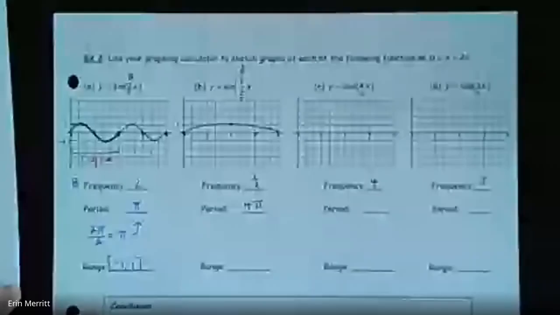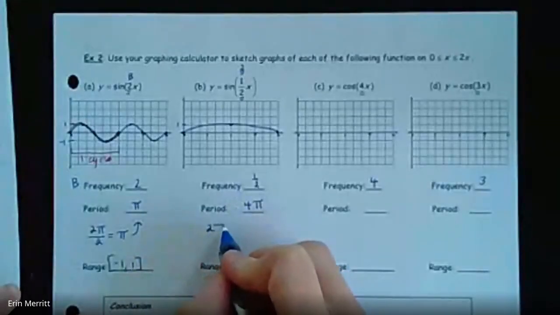And so what I mean by that, if you look at it, the period for the parent function would typically be 2 pi. Because we're seeing 2 cycles here, you take this and break it into 2 parts. So that's the length of one cycle. Think about this one.